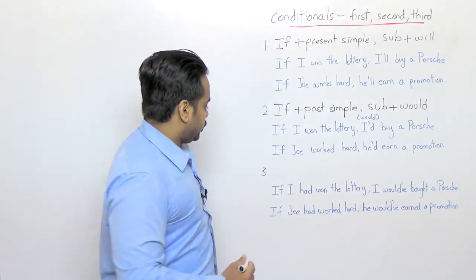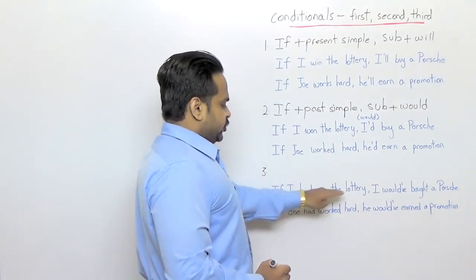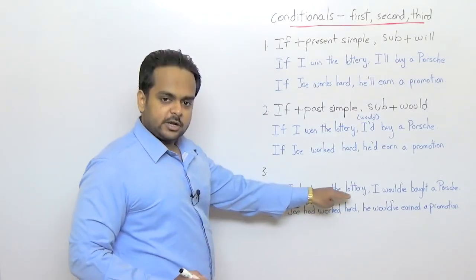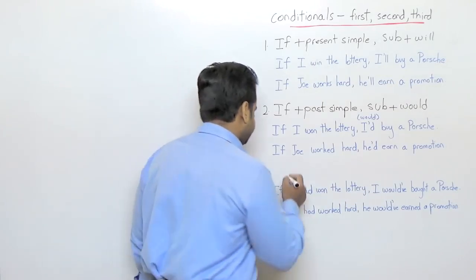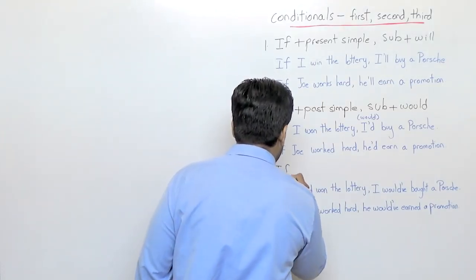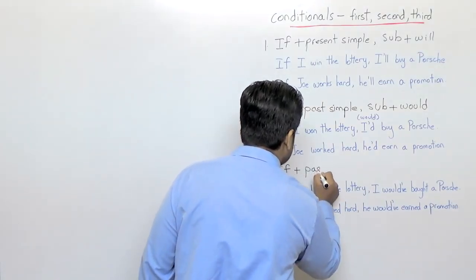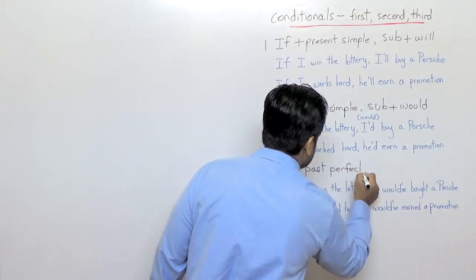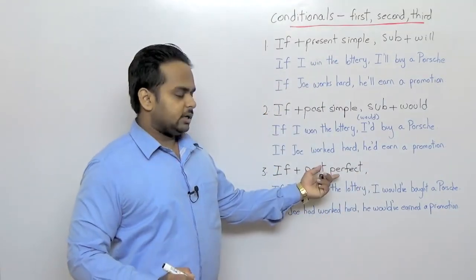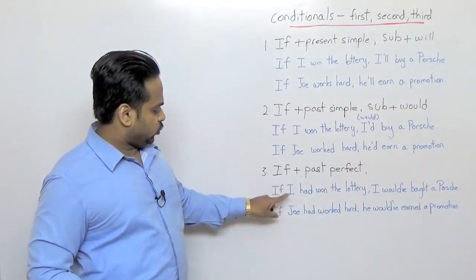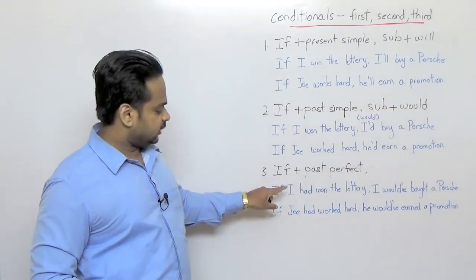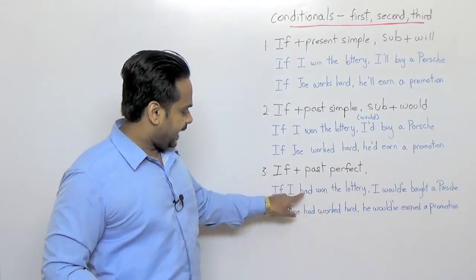In the third conditional, do you know the name of this tense over here? We call it the past perfect tense. So you have if, and then you have a sentence in the past perfect. We know it's the past perfect because if you look in both of these sentences, after the subject, there's a had.